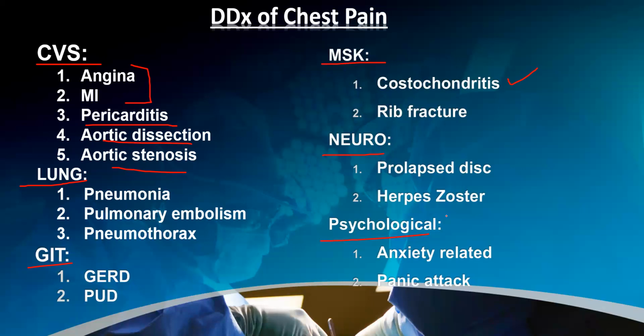For psychological, it could be anxiety related or a panic attack. Panic attacks are also a very common cause of chest pain. So we have got CVS cause, lung related cause, GIT, musculoskeletal, neurological, and psychological.